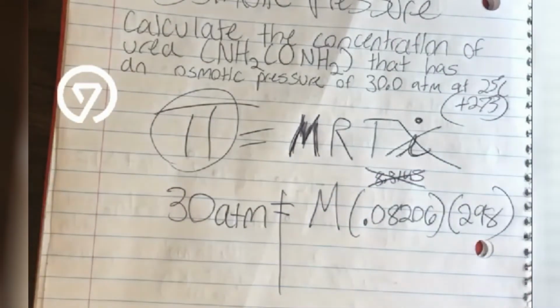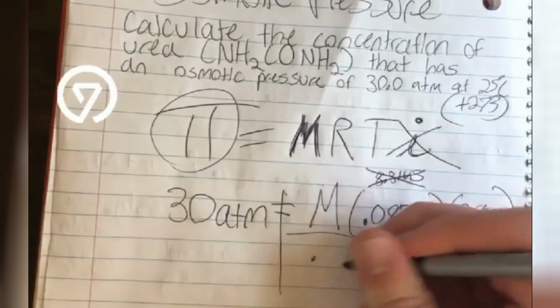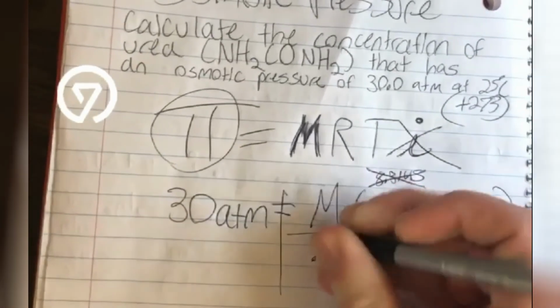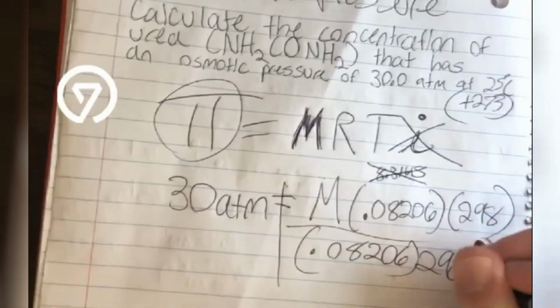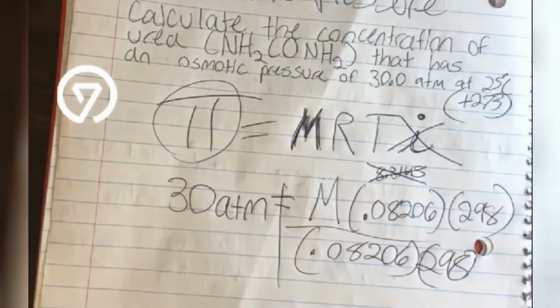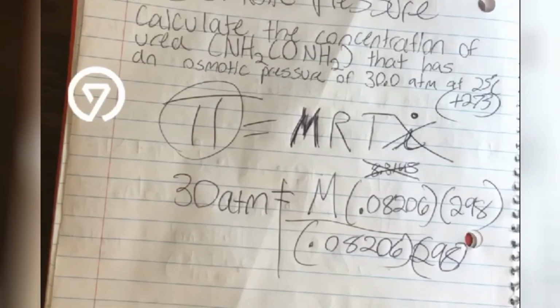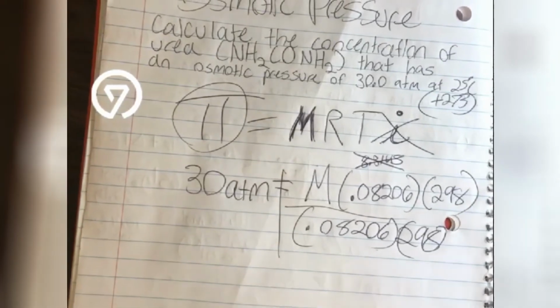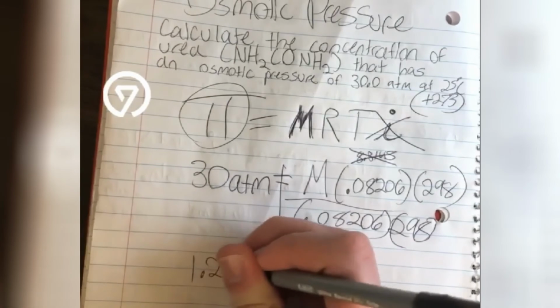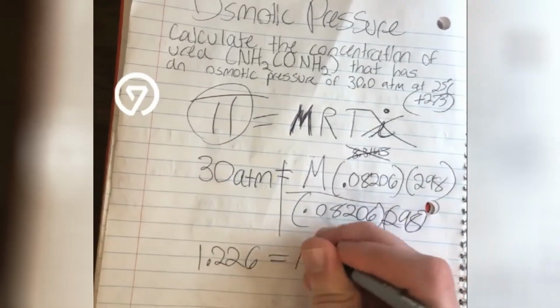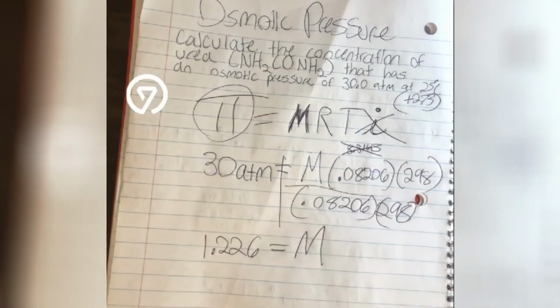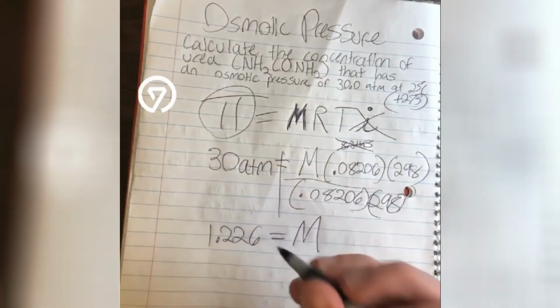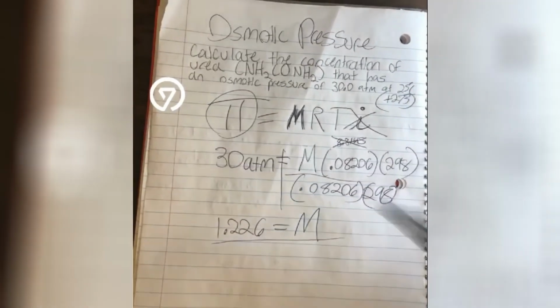It's just going to be algebra from there. I mean, literally just divide these out, and then you're all good. So let's divide those out. That should be what you get for your molarity, 1.226. And that's your osmotic pressure calculation.